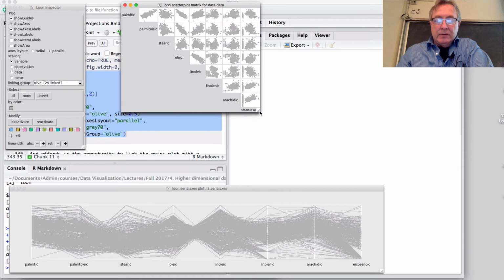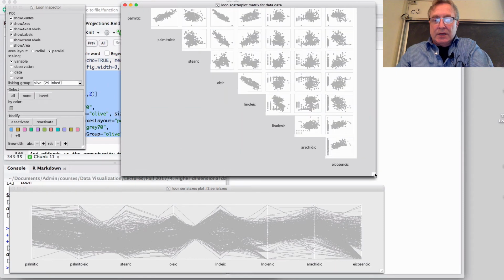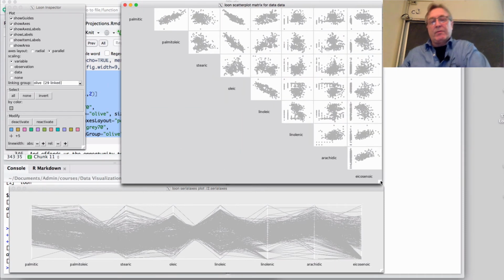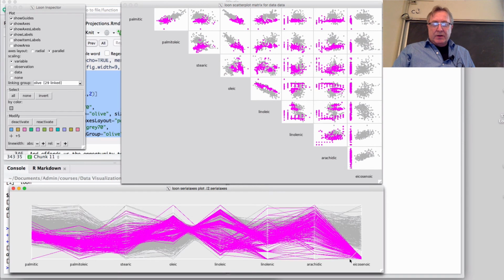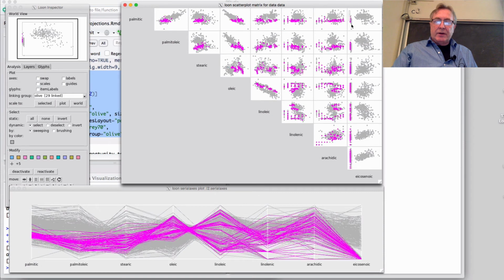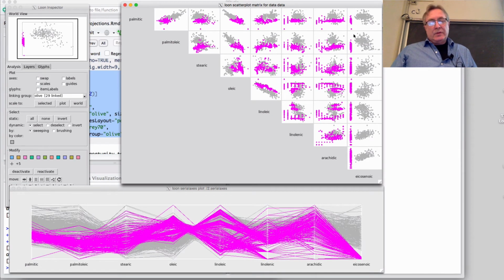Now, in Loon, the pairs plot is not doubling all of those plots. Every plot is only appearing once. But now we start to look at, as we did before with the olive data, looking at this group here and seeing what group that corresponds to. In fact, that's a group that's entirely separated here, right?